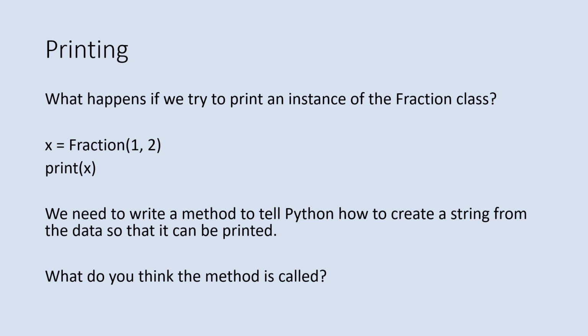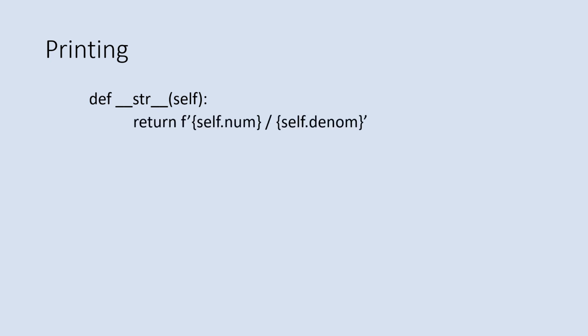And so the method that we create is dunder str. So maybe we just return a formatted string that says the numerator, then a space with a slash, and then the denominator.